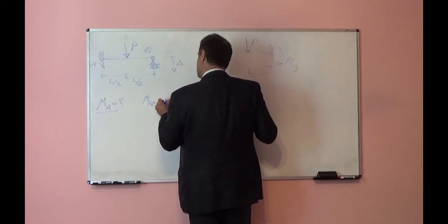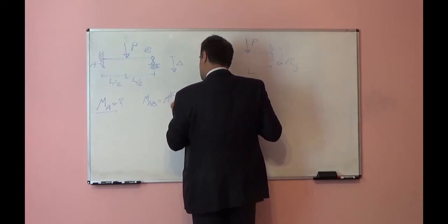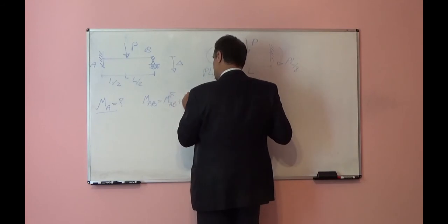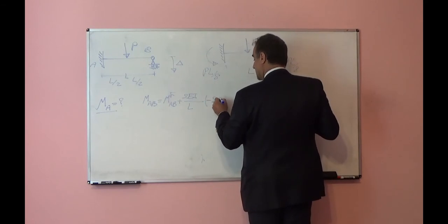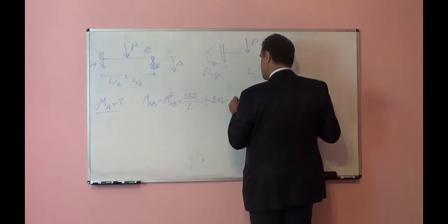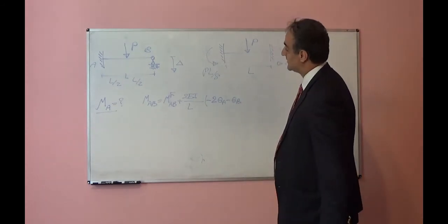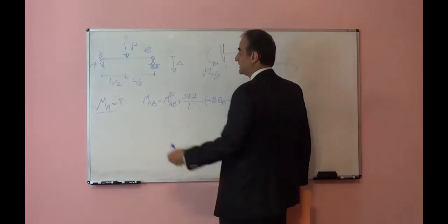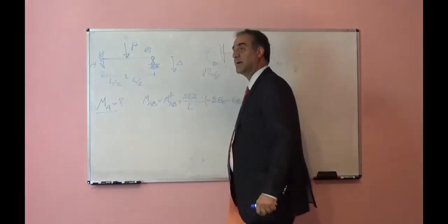MAB is equal to M fixed AB plus 2EI over L times 2 theta A minus theta B, minus 3 delta over L. Let's see, settlement at point B. After settlement, this beam will rotate clockwise.